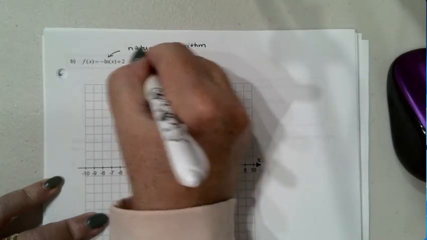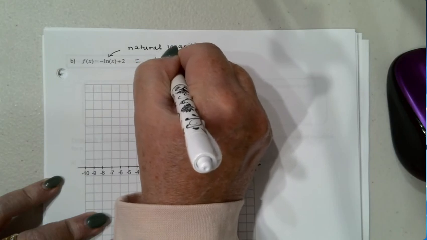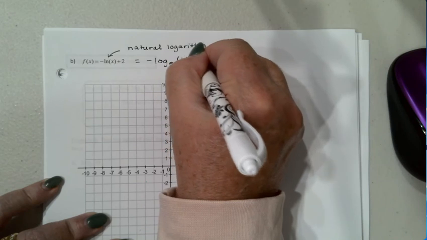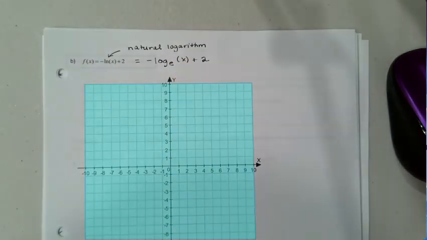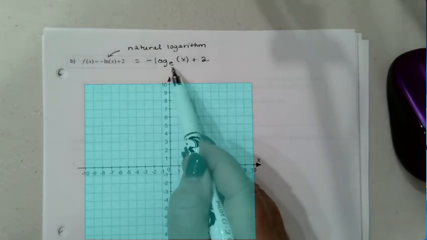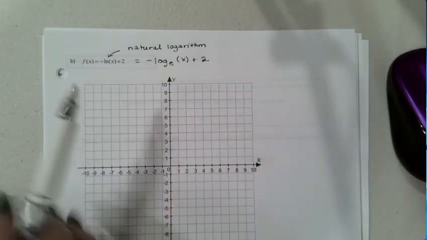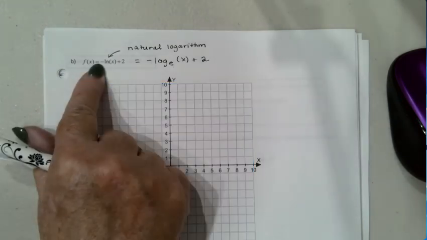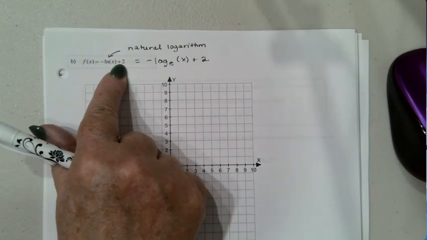So if I wanted to, I could write that as minus the logarithm base e, that Euler's number e, of x, plus 2. But I'm going to tell you, no mathematician ever writes that. We never write the logarithm base e. Instead, we just abbreviate it as ln, or natural logarithm. E is no different than any other base 2, base 5, base e, doesn't matter. Right? It still works as a base. And so the graph's going to follow the same principles. This one is going to reflect across the x-axis and then go up 2.